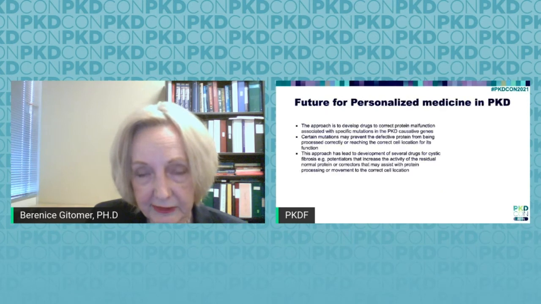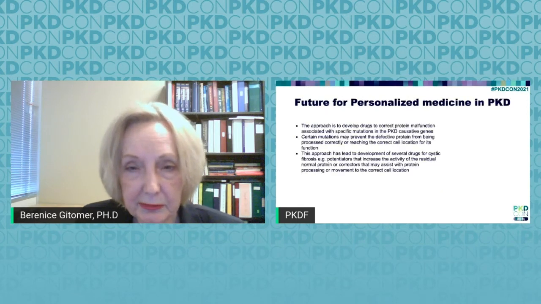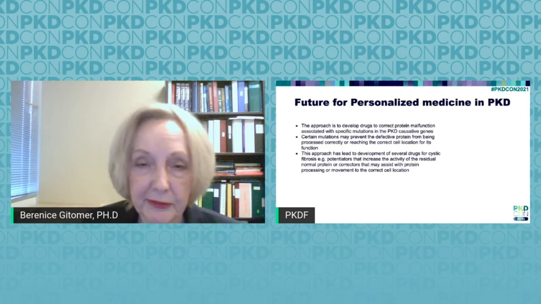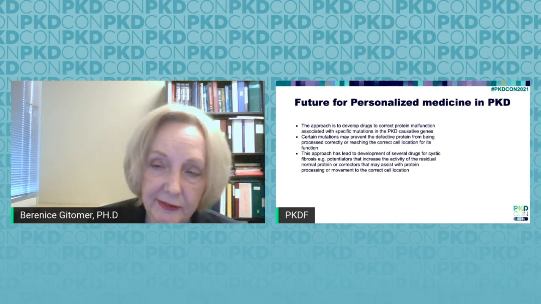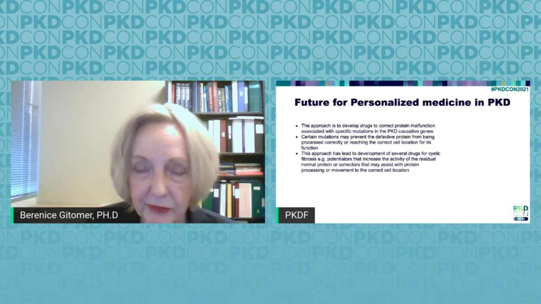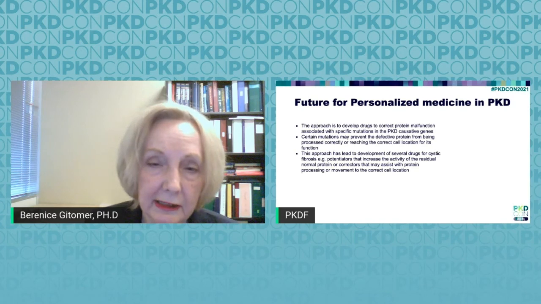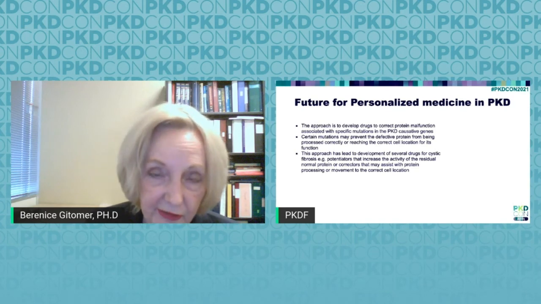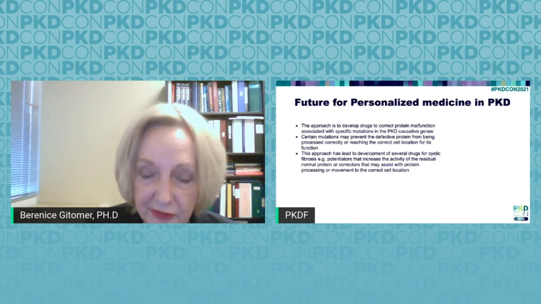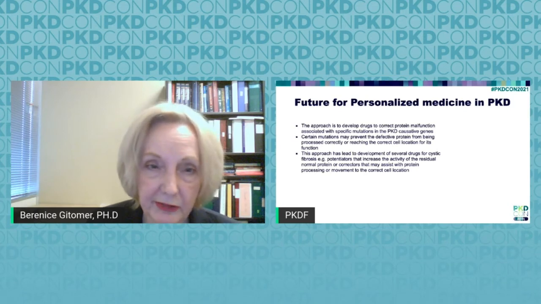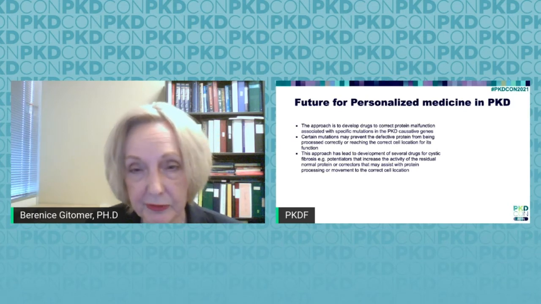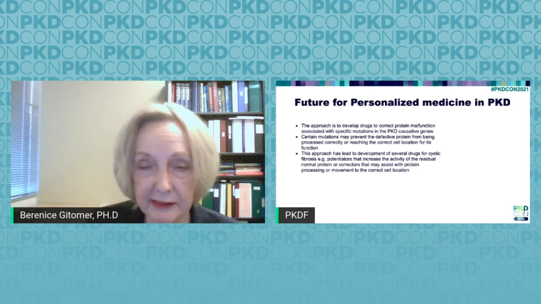Next slide, please. Let me just very briefly talk about personalized medicine. This is development of a way to directly correct a mutation occurring in a certain region of a gene. It might be a region that's necessary for transport of the protein to its correct functional location in the cell.